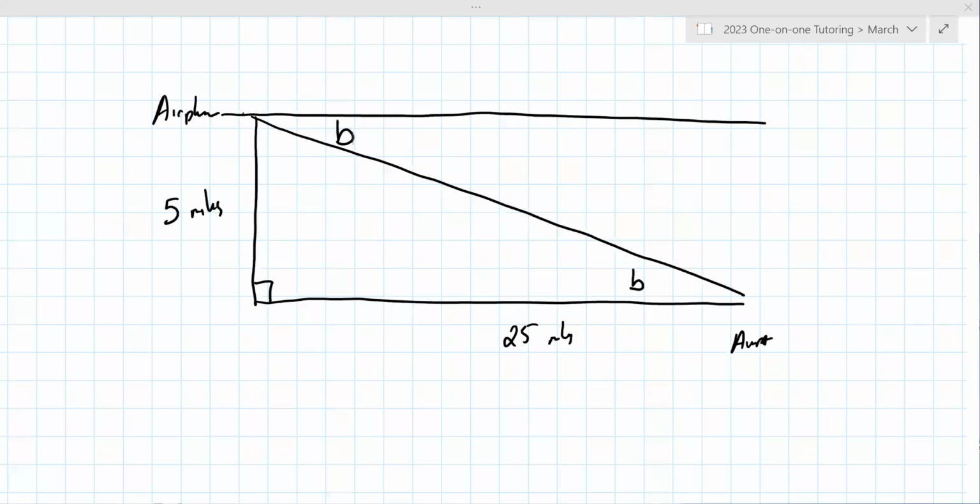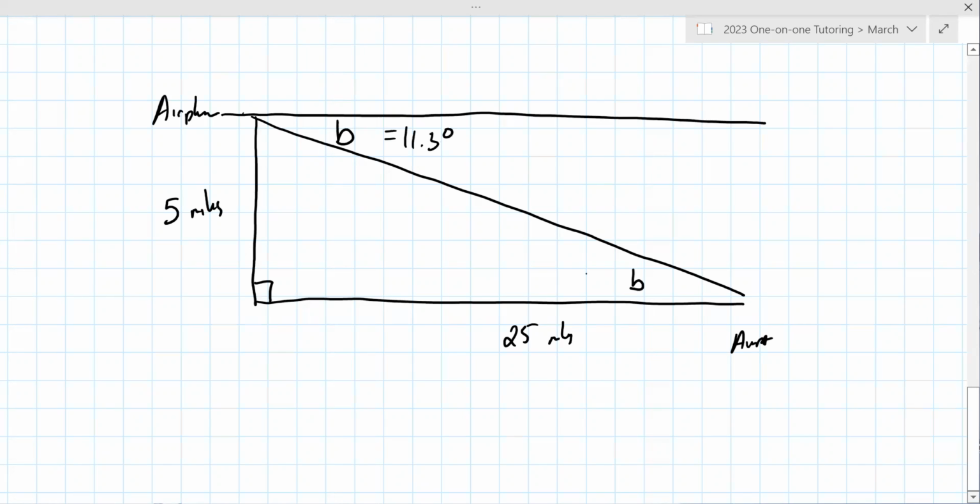I'll start putting that into a calculator. 11.3. Okay. Very good. I think you've got that down.